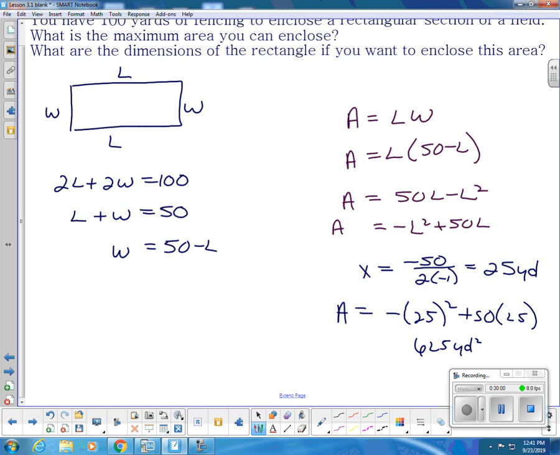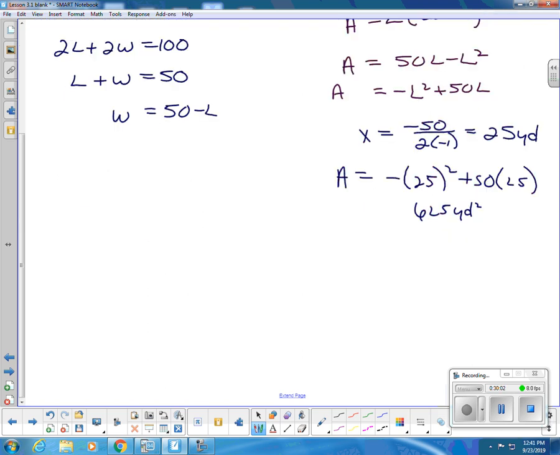The dimensions that you get there, though, is 25 and 25. The length is 25, and the width is also 25. Okay. So that vertex is going to give you the x, which is your dimension for the length, and the y, which is your area. Okay?